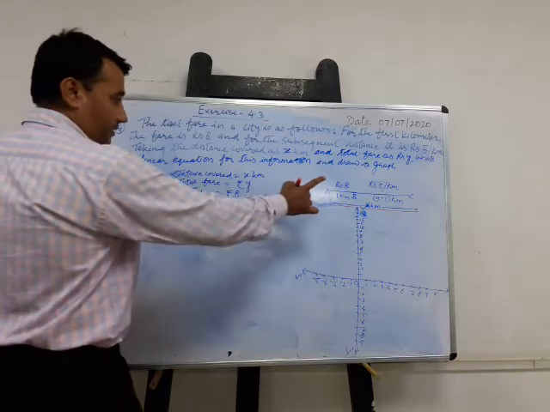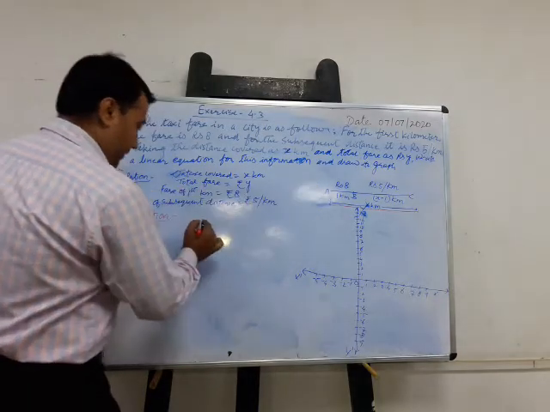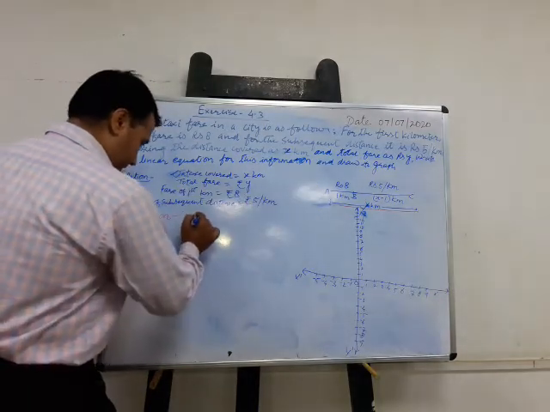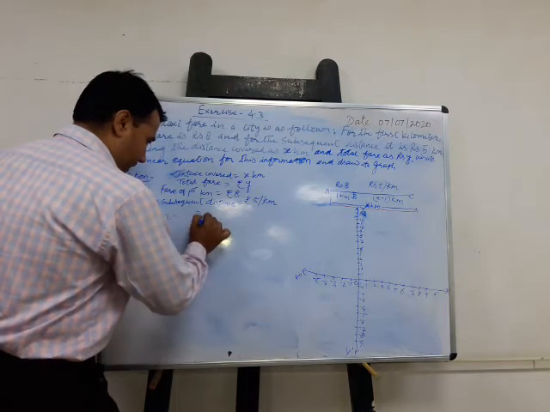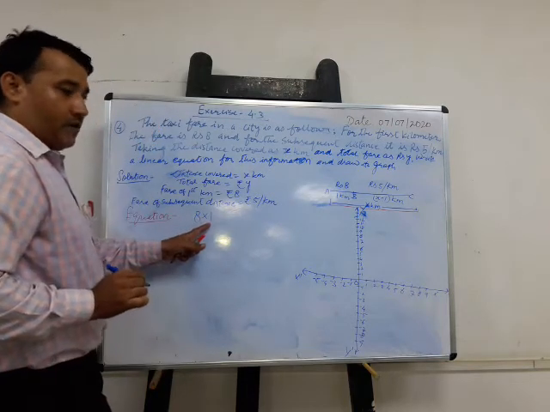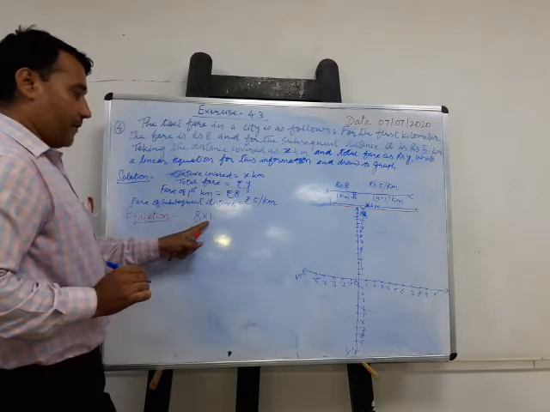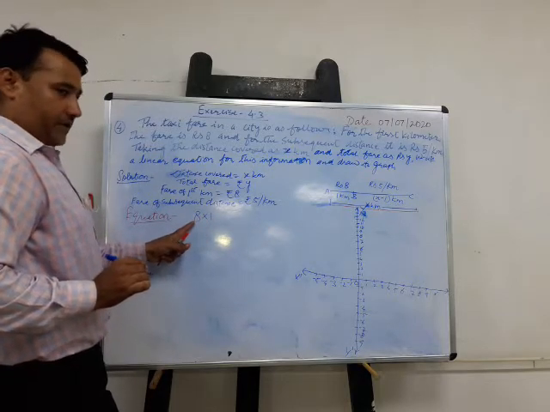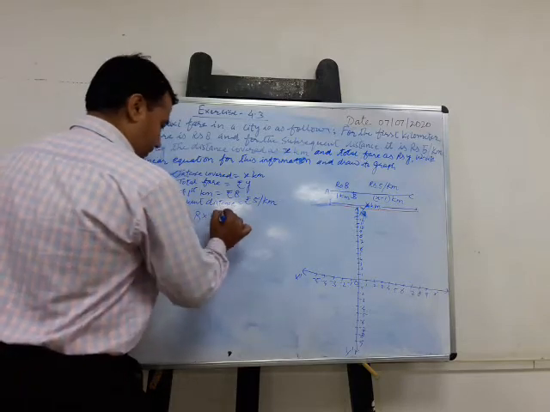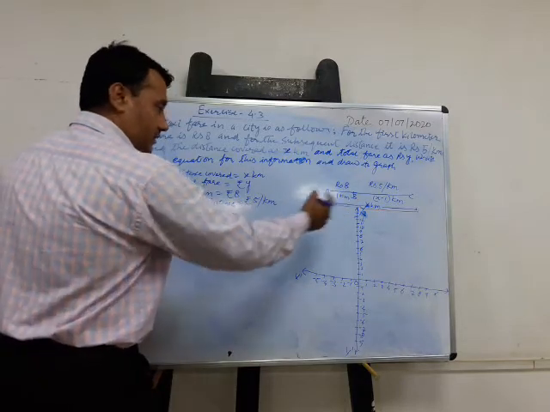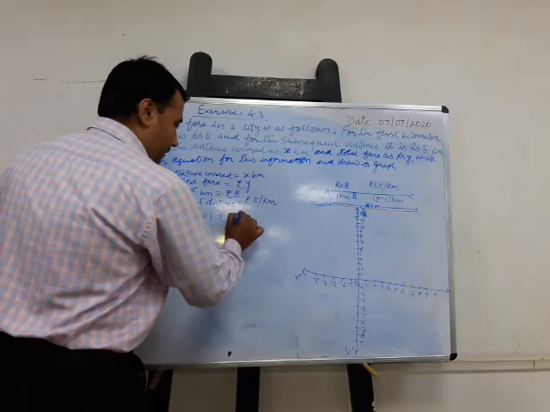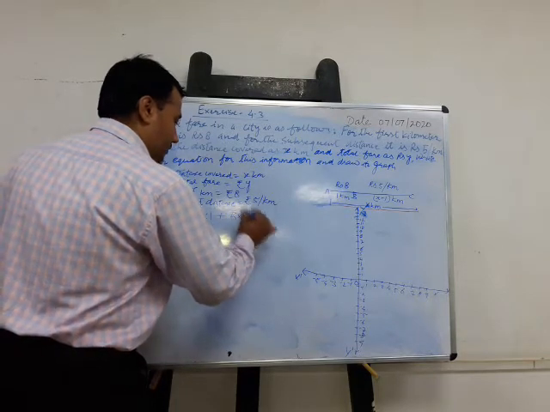For first kilometer, fare is rupees 8, that is rupees 8 multiplied by 1, the fare for 1 kilometer, plus the fare for the remaining distance, that is rupees 5 multiplied by x minus 1.